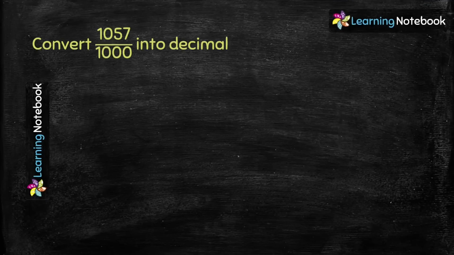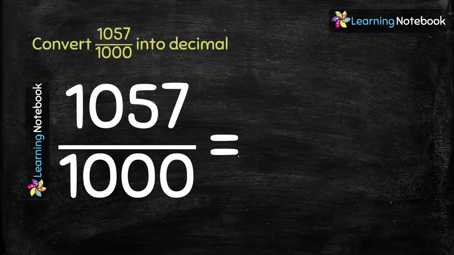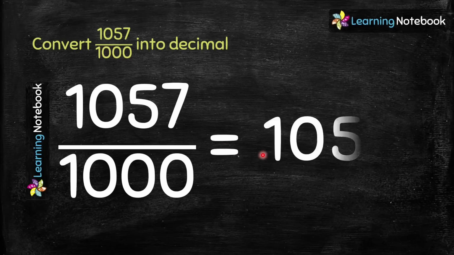Now the next question is convert 1057 upon 1000 into decimal. So first we will write the numerator 1057 as the number. Now there are 3 zeros in the denominator.